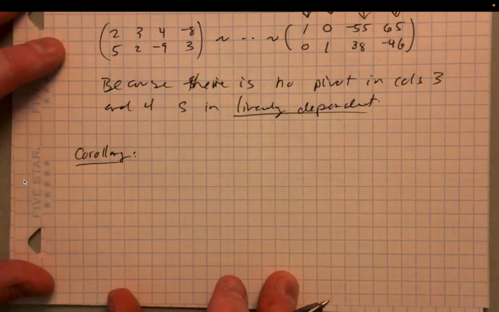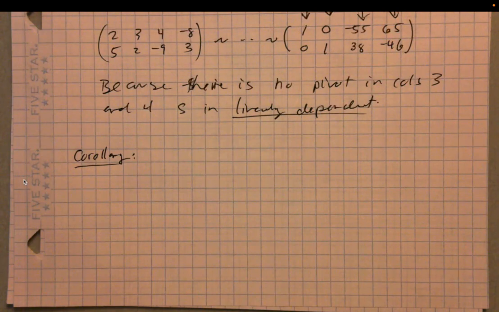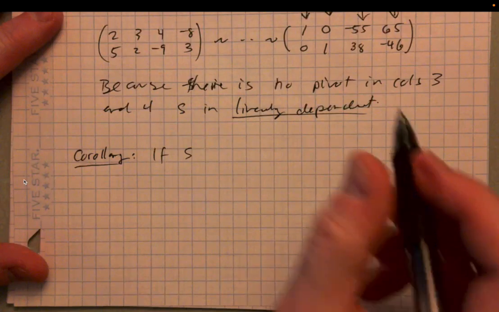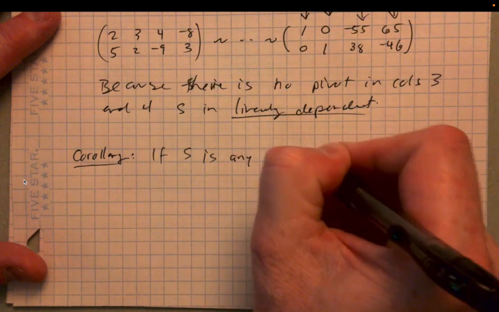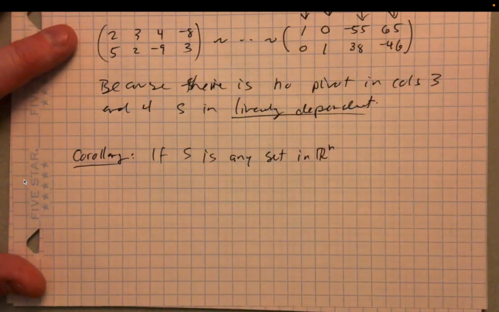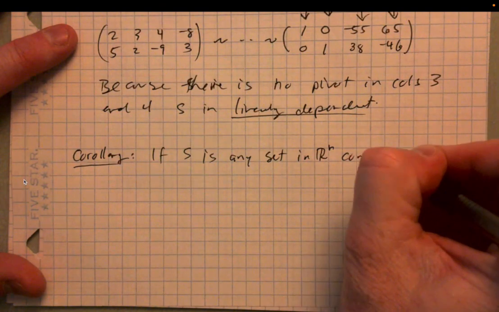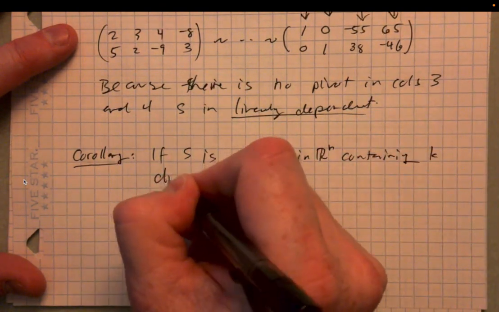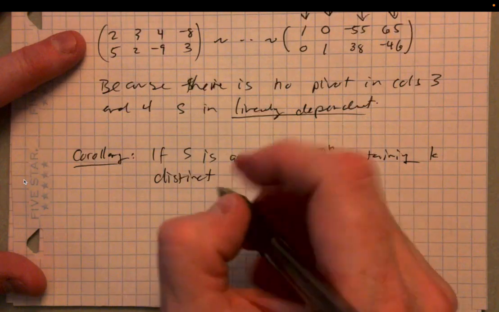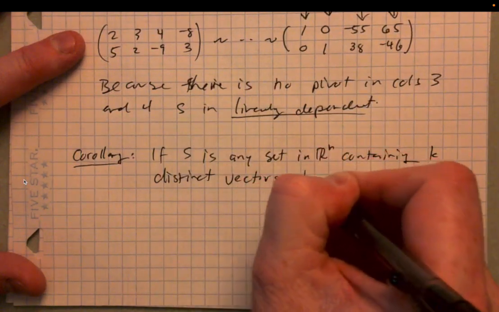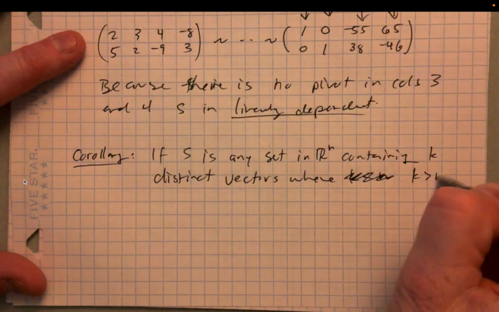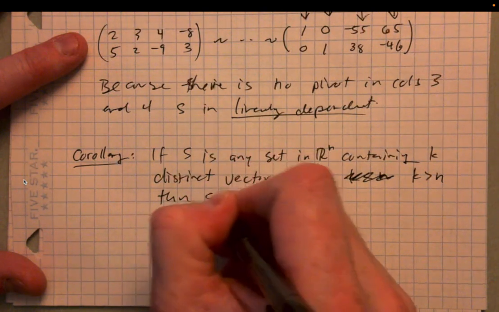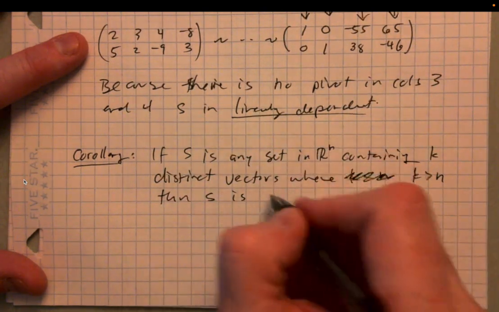You start to see some of the really great structure of this idea of linear independence in this corollary, I think. So if S is any set in Rn containing k distinct vectors where k is greater than n, then S is linearly dependent.